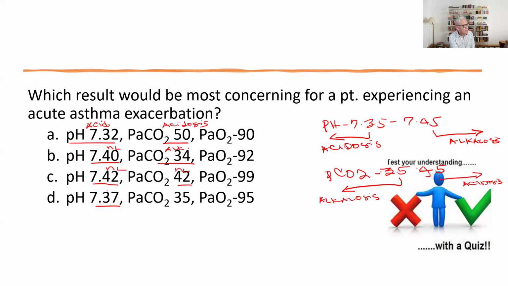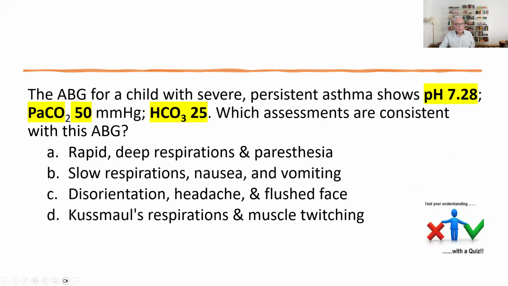A pH of 7.37 is normal. And a PCO2 of 35 is normal. And PaO2 of 85 to 95 is the normal. So the one that is worrisome over here is letter A, because it demonstrates that there is respiratory acidosis. So letter A is the correct response, and it looks like all of you got that correctly. Very good. Okay.